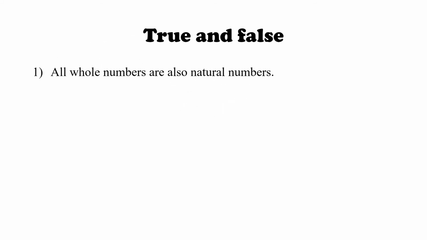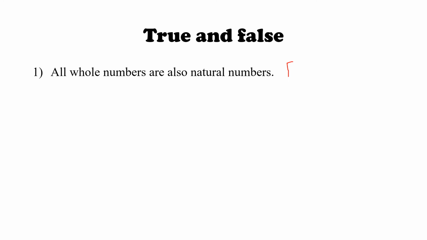Let's go on, true and false. And this will be the end of today's video. I think we have 4 true and false. All whole numbers are also natural numbers. And again, this comes with knowing our types of numbers. The whole numbers are the set of numbers from 0 and they go up to infinity. And the natural numbers are the numbers from 1 and they go up to infinity. So if I say all whole numbers are natural numbers, the answer to this will be false.